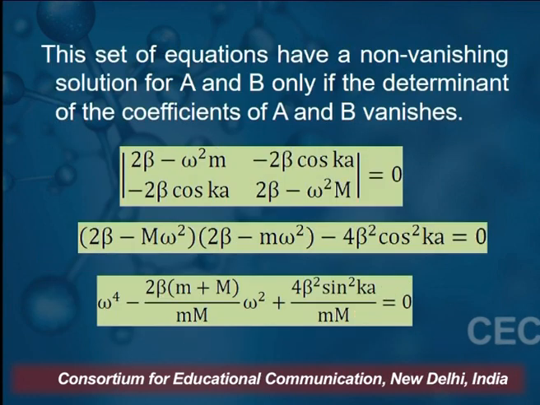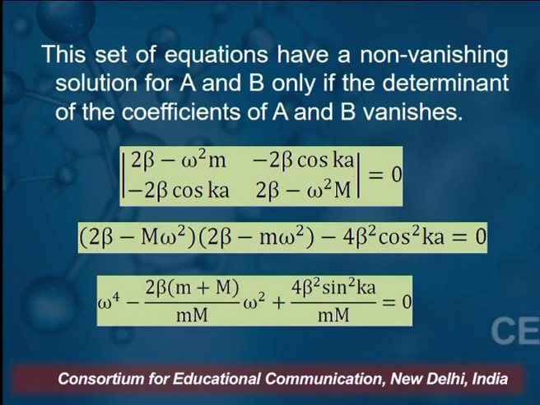Now, this set of equations will have a non-vanishing solution only when the determinant of the coefficients of A and B vanishes. So, if I write in the determinant form, 2 beta minus omega square m, minus 2 beta cos Ka, minus 2 beta cos Ka, 2 beta minus omega square capital M, the determinant of it should be equal to 0.